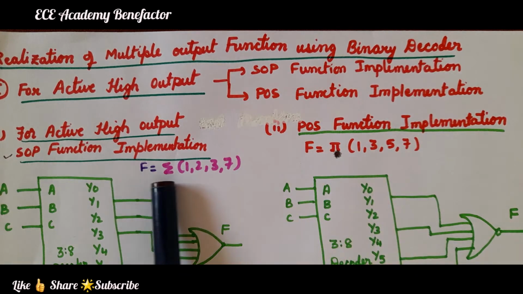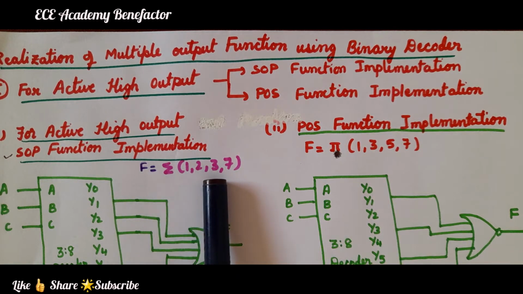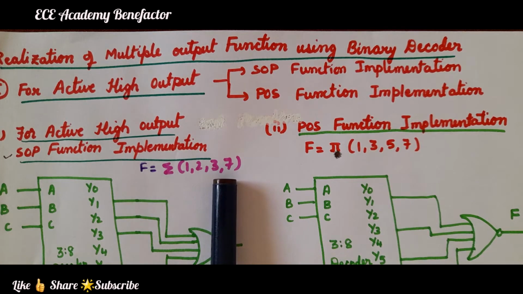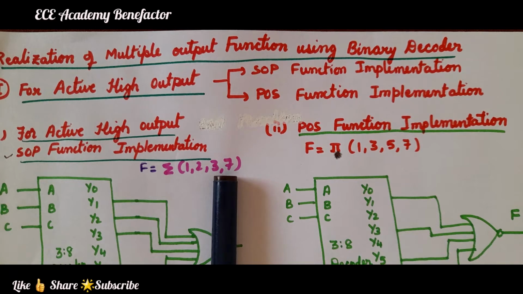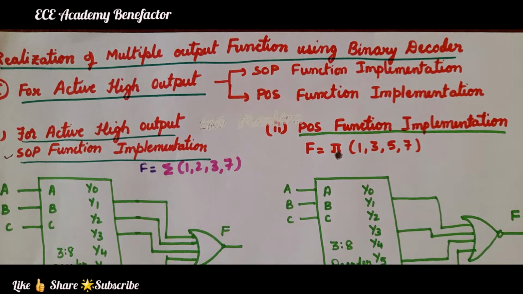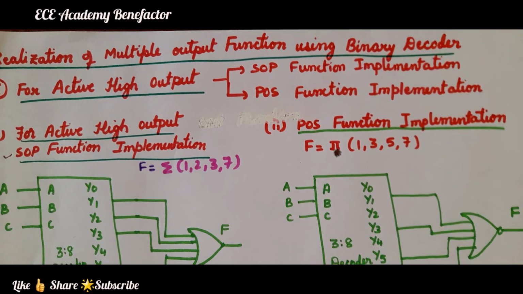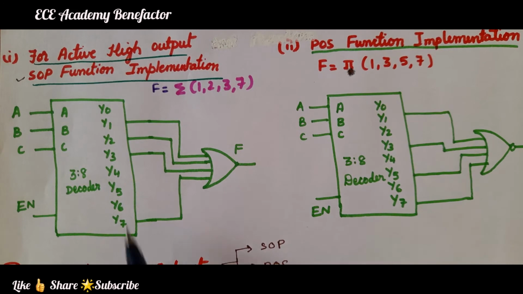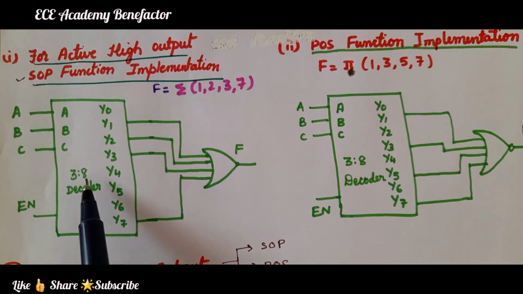We need to implement this function 1, 2, 3, 7 using a decoder. The highest number here is 7. What type of decoder do we need to use? It will be a 3:8 decoder, with 3 inputs and 8 outputs.